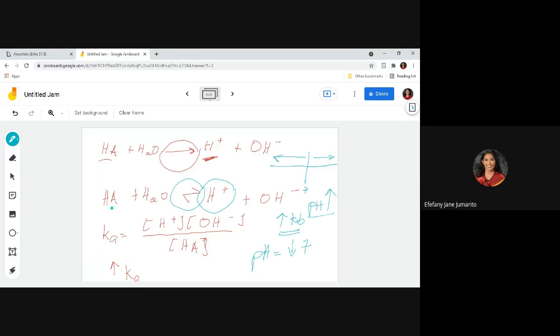Whereas for strong acids, it is easier to compute, because if we are given the initial concentration of your strong acid, say a concentration of 10 molar, then the concentration of hydronium ion or the H plus will also be what? It will be 10 molar.